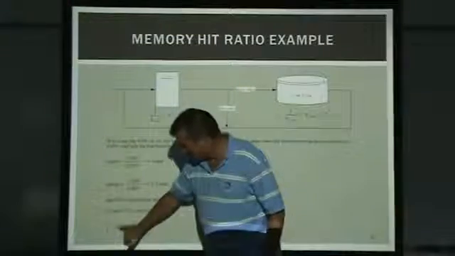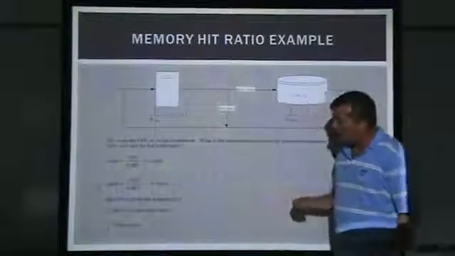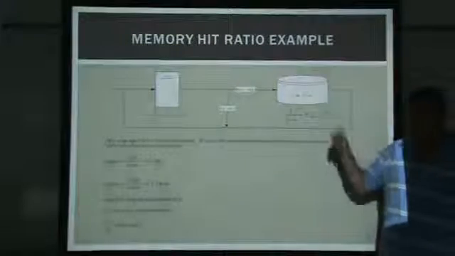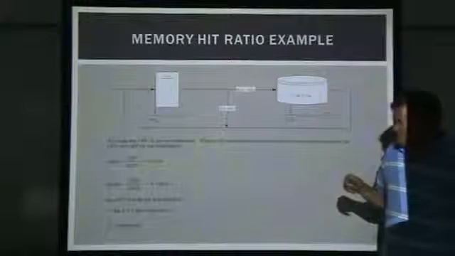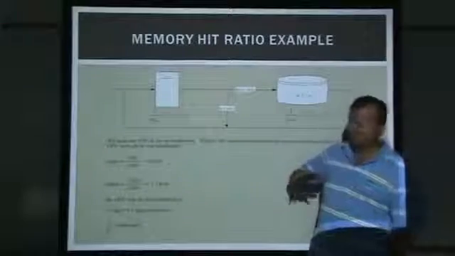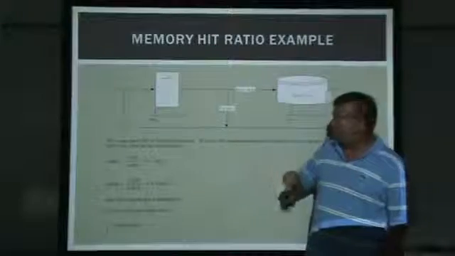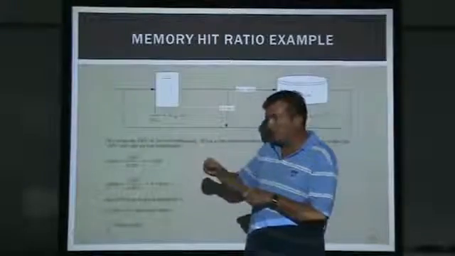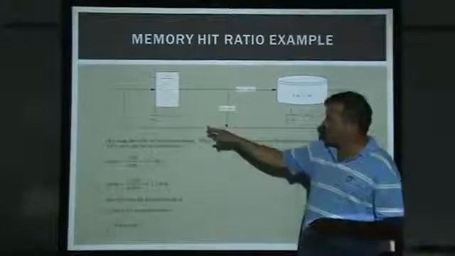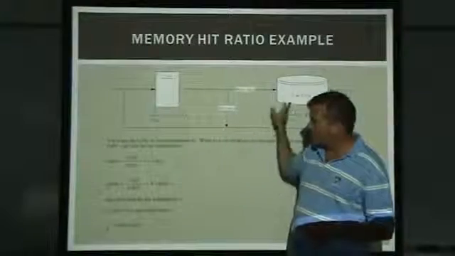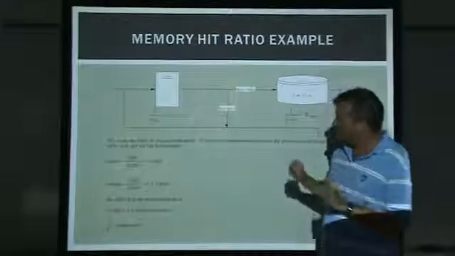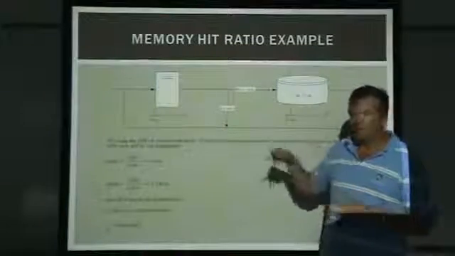The miss ratio would have to be greater than, I'm sorry, the miss ratio would have to be less than 1 divided by 1,000. So if those were the times for your system, to process something out of memory is 1 millisecond, and to get a page out of disk drive and then process the instruction is 1 second, we have to manage our operating system so that the miss ratio never goes above 1 divided by 1,000.